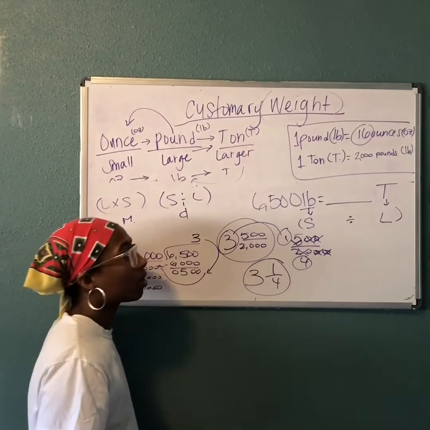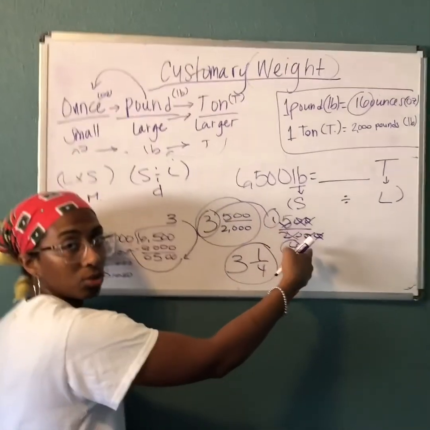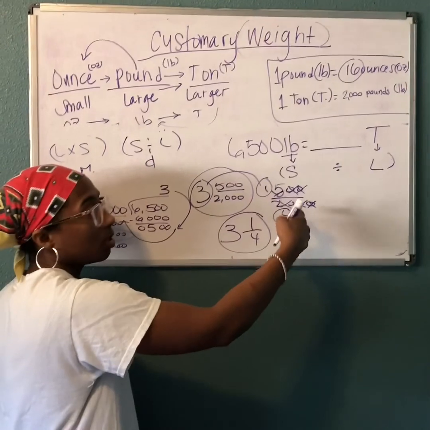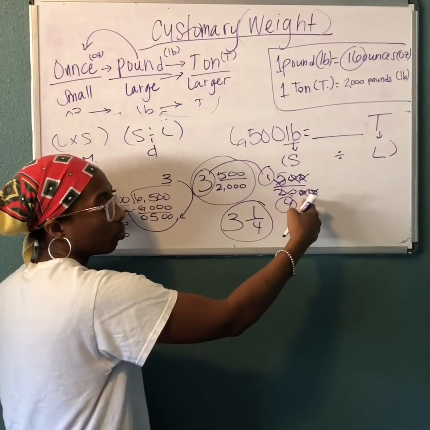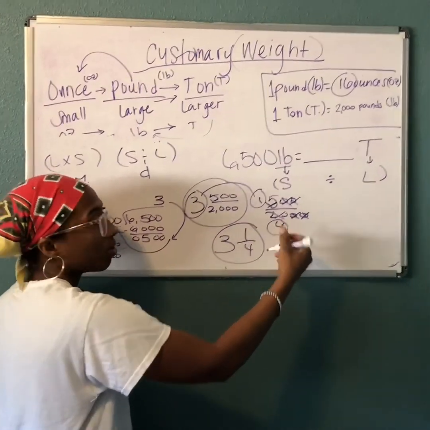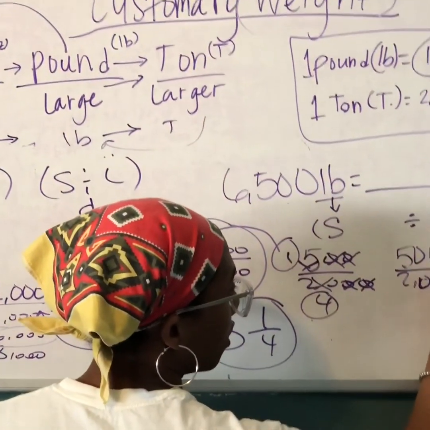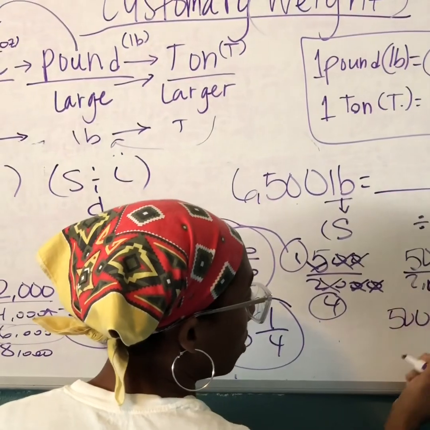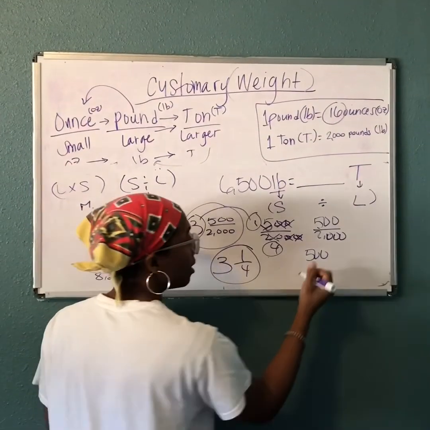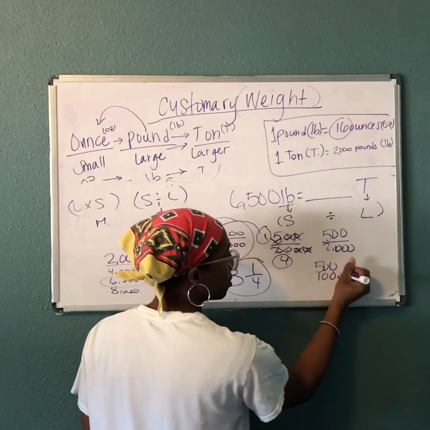Or if you don't know how to convert by simplifying the fraction by excluding these zeros, you just say 500 over 2,000, right? You do 5, 10, 15, 20, and add your 2 zeros.